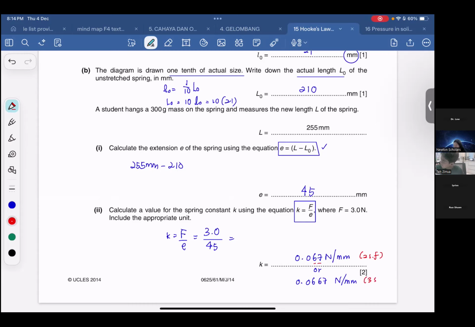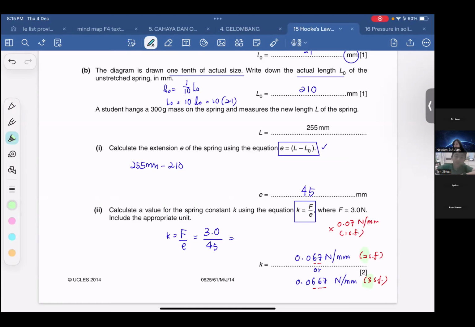This one is three significant figures, 1, 2, 3. Can I write 0.07 Newton per mm? My answer is no. This is only one significant figure. In our IGCSE, we accept two to three significant figures. So these two answers are correct, but if you write 0.07 Newton per mm it is wrong.